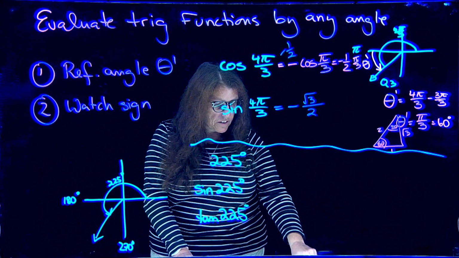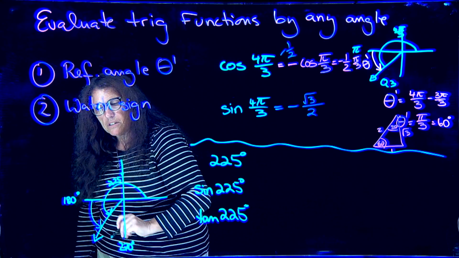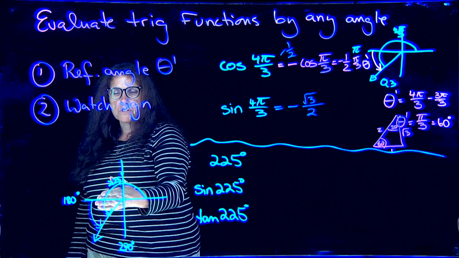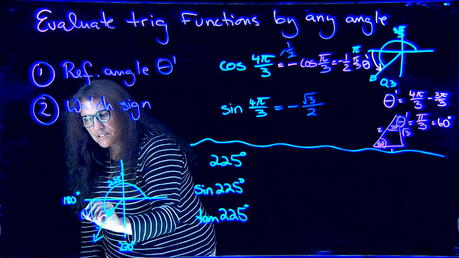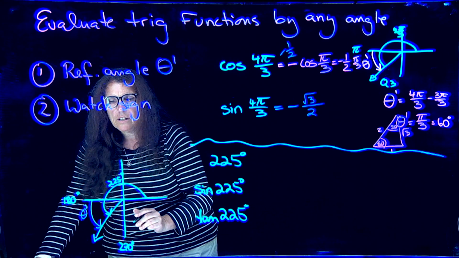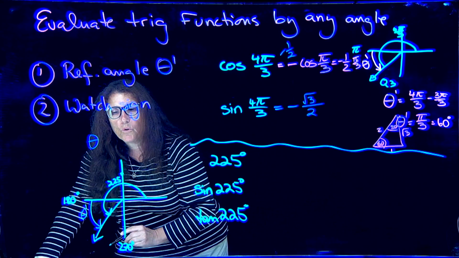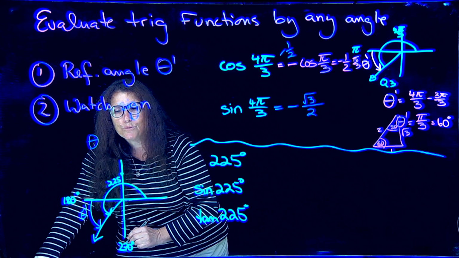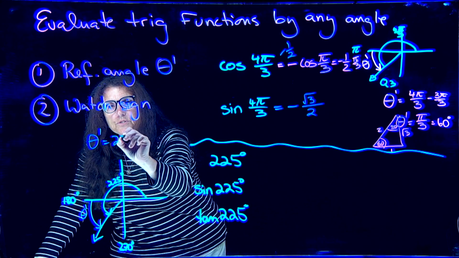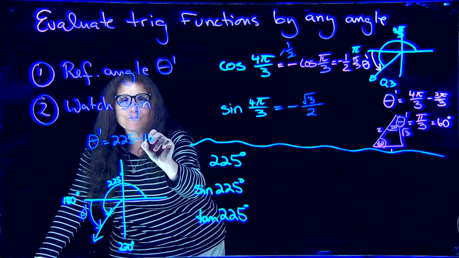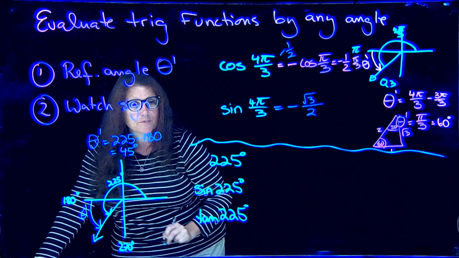Now to find the reference angle would be this angle from the horizontal to the terminal side. This is our theta prime, and the way we find it is by subtracting 180 from 225. So the reference angle is 225 minus 180, which is 45 degrees.